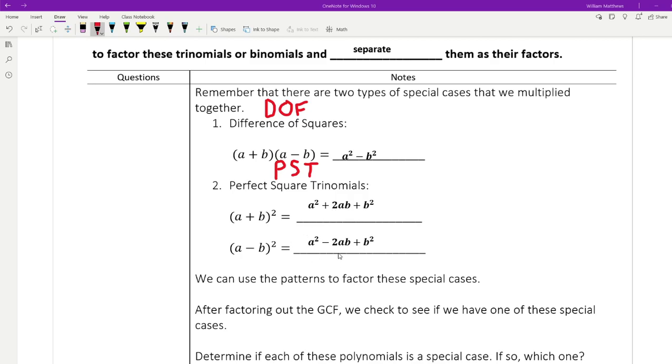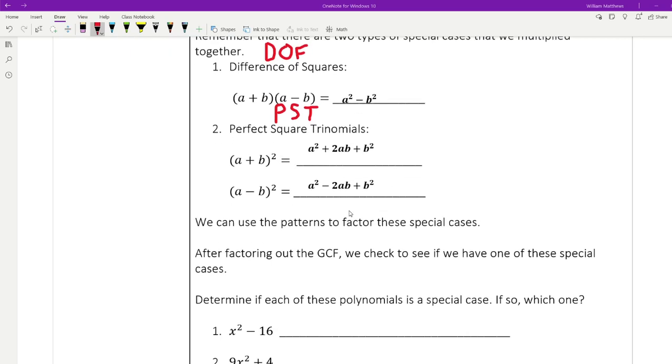For that center piece, after we find the values of a and b, we need to know if it is twice the product of a and b. Now, we want to do this after we factor out the GCF, so it's in the simplest form, and we can see if it is possible to factor it any more.